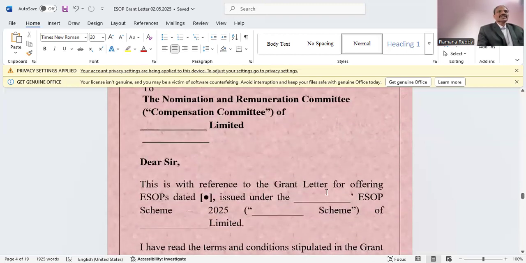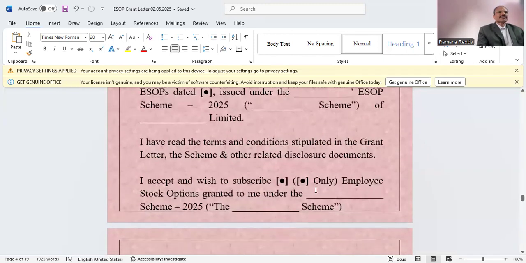Dear sir, reference to the grant letter. So the company has already given a grant letter, no? Referring to the grant letter offering ESOPs dated so-and-so under so-and-so ESOP scheme of the company, I have read the terms and conditions stipulated in the grant letter, the scheme and other related disclosure documents, and I accept and wish to subscribe.